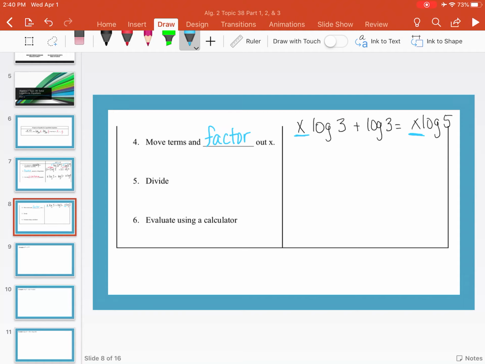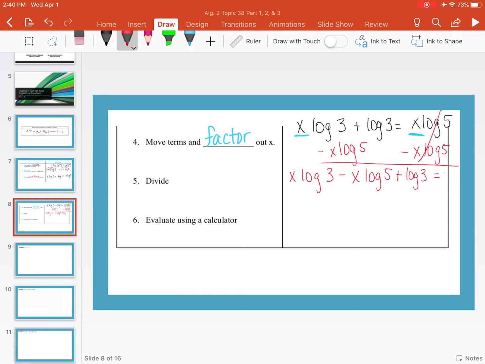So making sure that our equation is balanced, we're going to subtract x log of 5 from both sides. And we'll get x log of 3 minus x times log of 5 plus log of 3 equals 0.